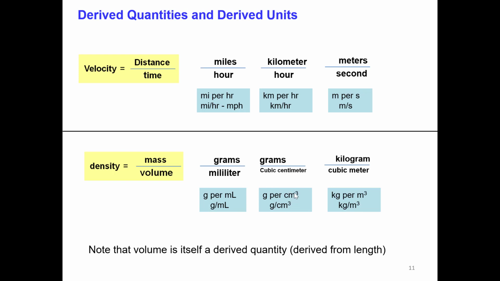Yes, that can be another unit for density. And in the SI system, the unit for density is kilograms per cubic meter. And all these are units of the density. And these are derived units. These correspond to a derived quantity.